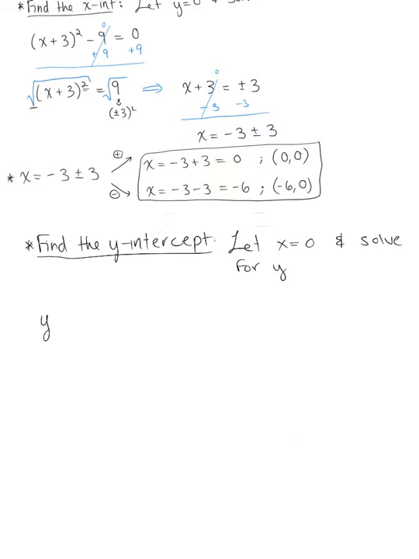So we have y, our given function, is (0 + 3) squared minus 9. This is equal to 3 squared minus 9. We know 3 squared is 3 times 3, which gives us 9, minus 9 is equal to 0. So therefore we can write our answer as y is equal to 0.